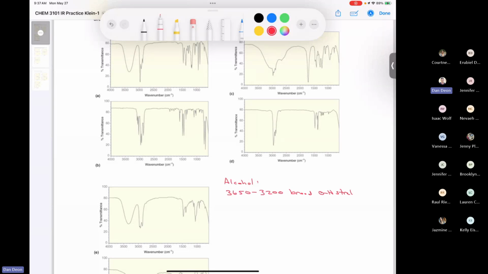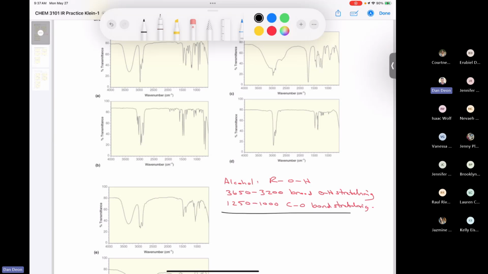And remember it's broadened because of hydrogen bonding. And then keep in mind that in an alcohol, there's also the bond between the carbon and the oxygen, and that is also pertinent. That's between 1250 and 1000. So that is going to be our CO bond stretching. Put that in here like that.